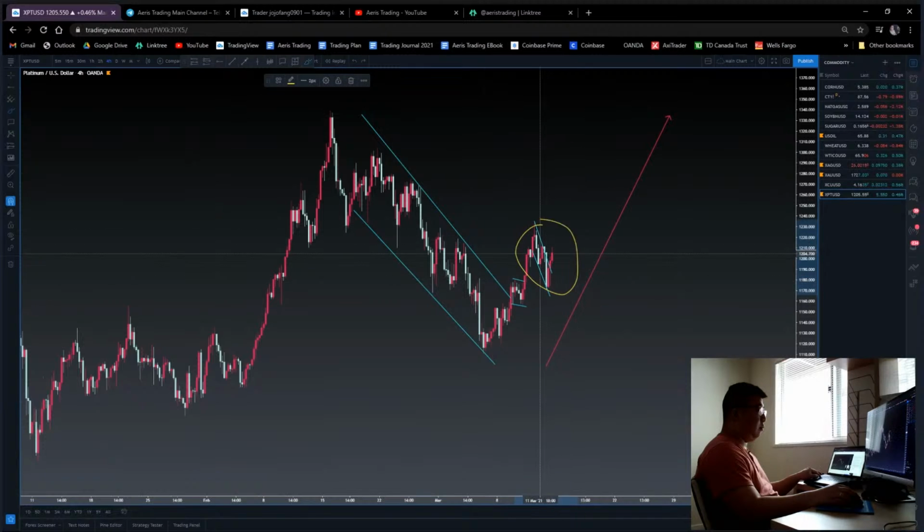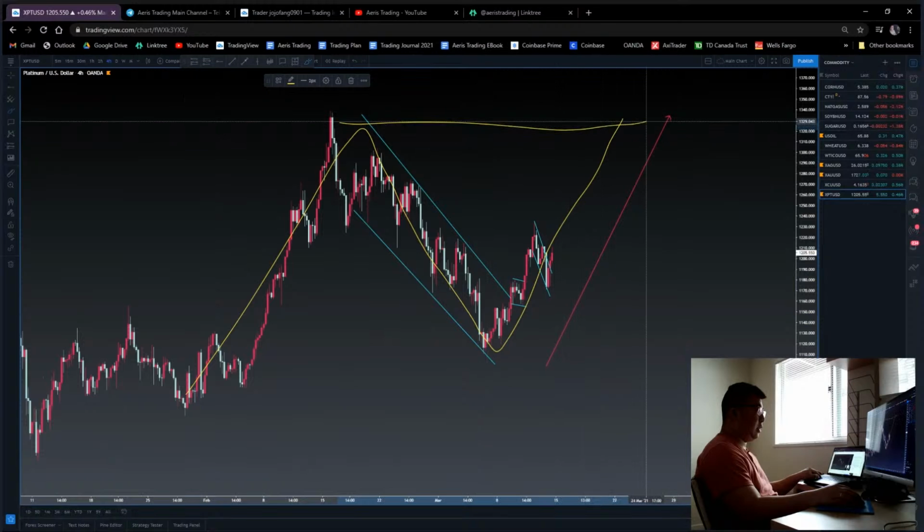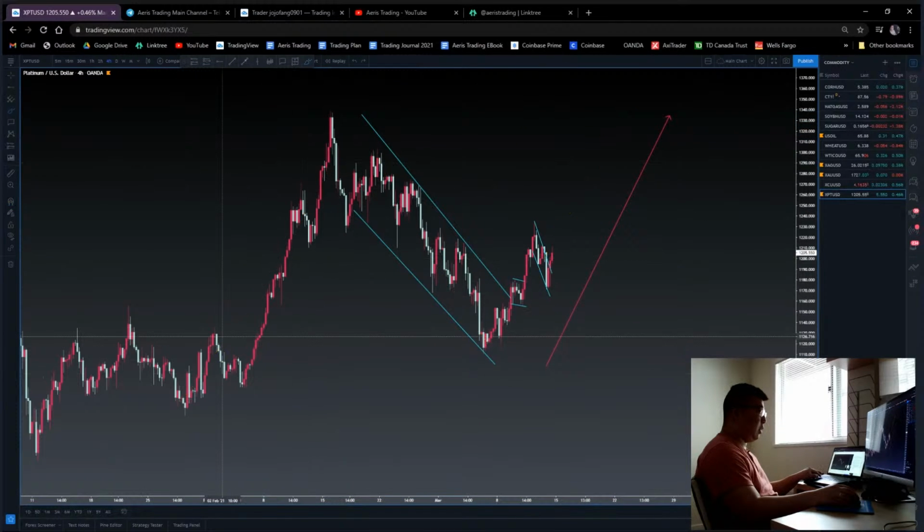It's simple, right? We want to wait for a correction to finish. In this case, this is a correction, but it's finished when it breaks out and continues. That's how we prove that this correction is over. So we know that this is an impulse, this is a correction. We're likely to get the next impulsive phase. There can only be an impulsive phase or a corrective phase. It doesn't matter which time frame you're looking at.